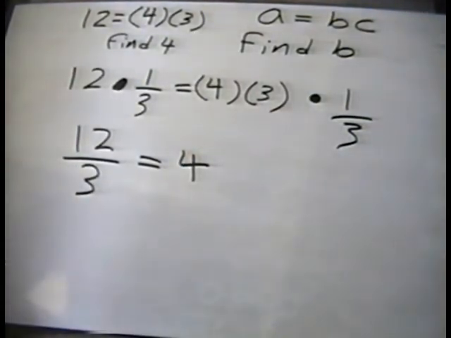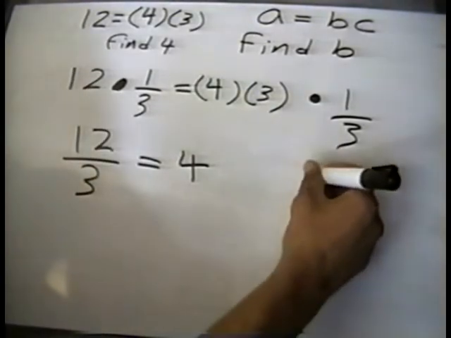And then that becomes 12 over 3 equals 4. Alright?